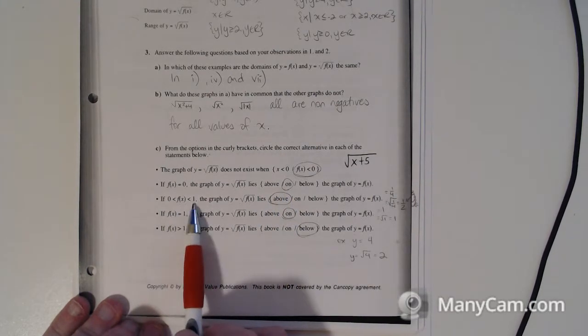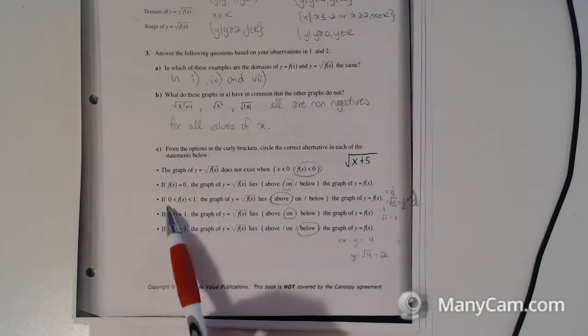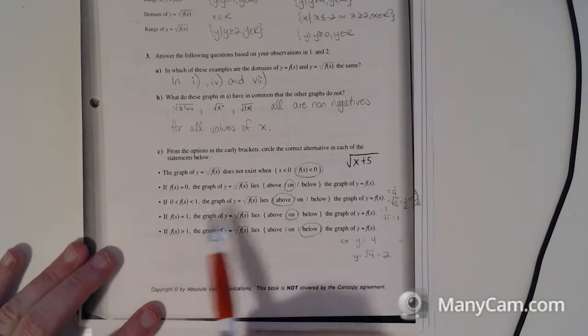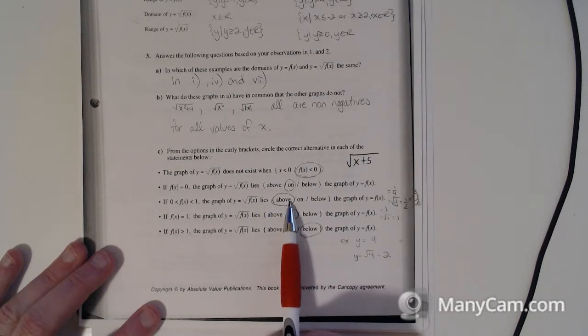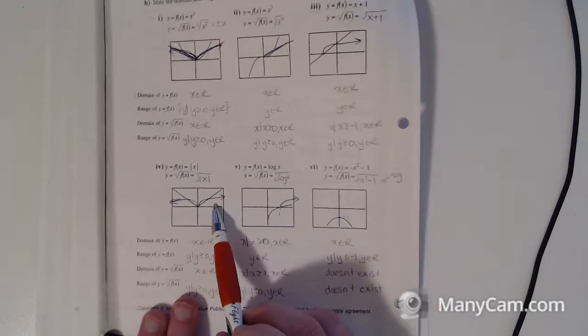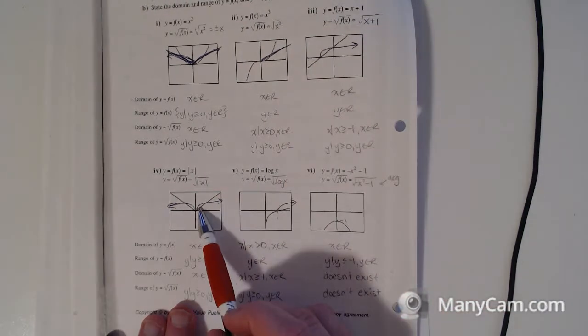If f of x is between 0 and 1, we didn't talk about this. If you have values between 0 and 1, and you square root them, that actually makes them bigger. They actually grow. That's why in this function right here, until we hit the point 1, it was bigger than the original.